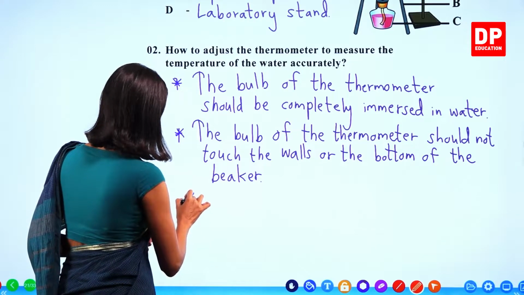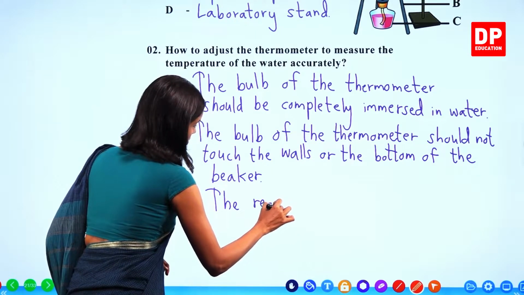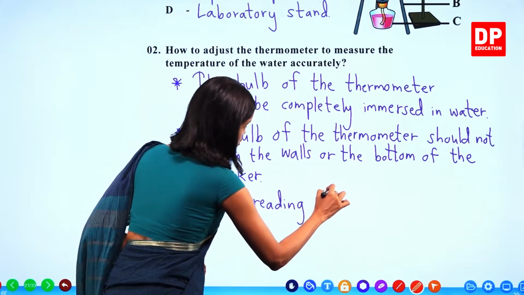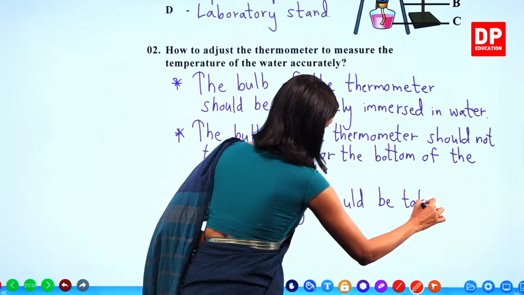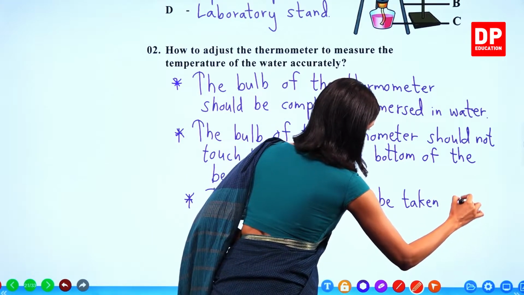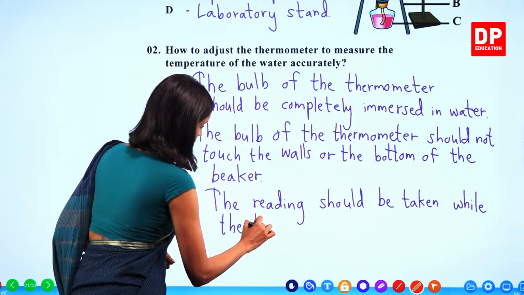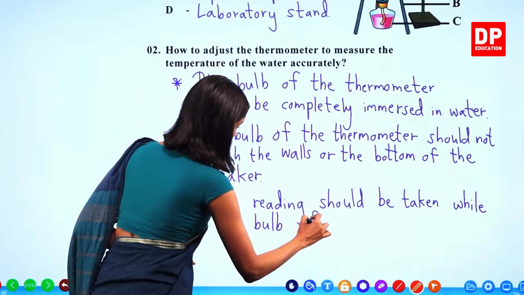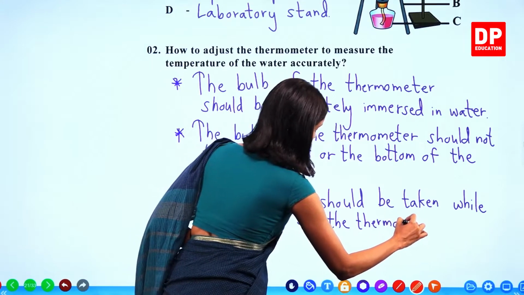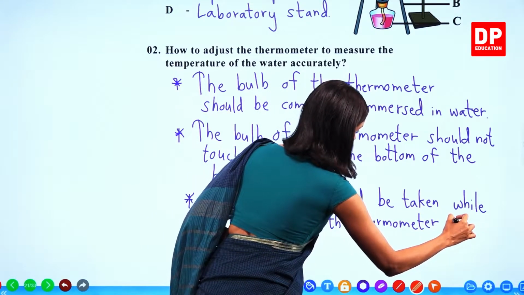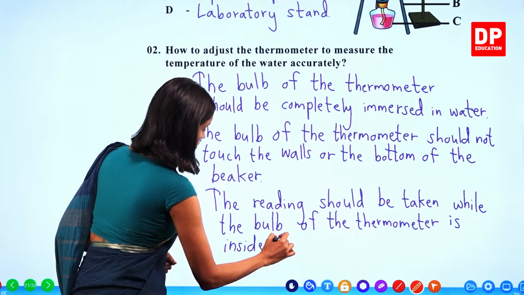Next one. The reading should be taken while the bulb of the thermometer is inside the liquid.